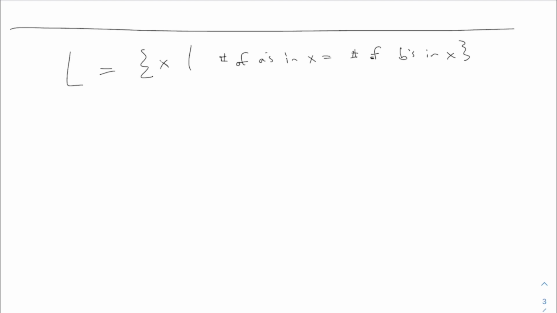This also is not regular. This is different from a to the n, b to the n, because a to the n, b to the n has the same number of a's and b's, but you see all the a's first followed by all the b's. This allows for other things, like a, b, b, a, which has the same number of a's as b's.